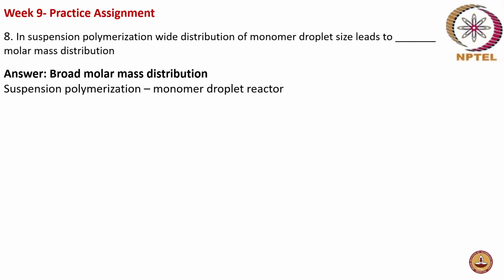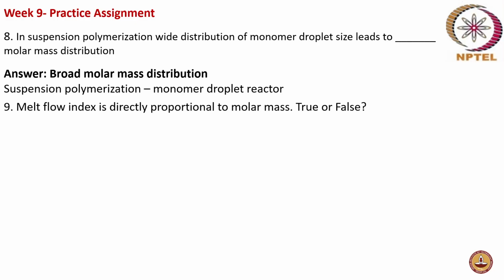Okay. Next, melt flow index is directly proportional to molar mass. Is it true or false? Let me put the question in a different form. When the molar mass is high, the melt flow index will be high. Is it true? Or when the molar mass is less, the melt flow index is less.